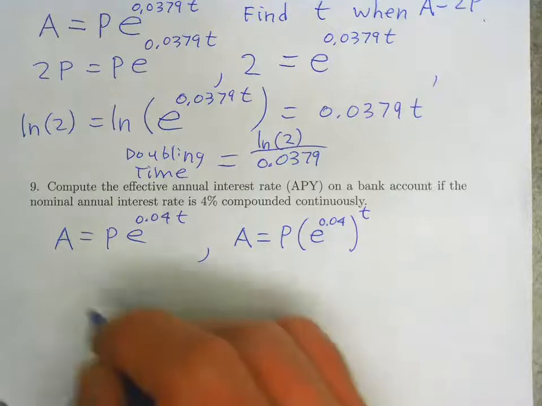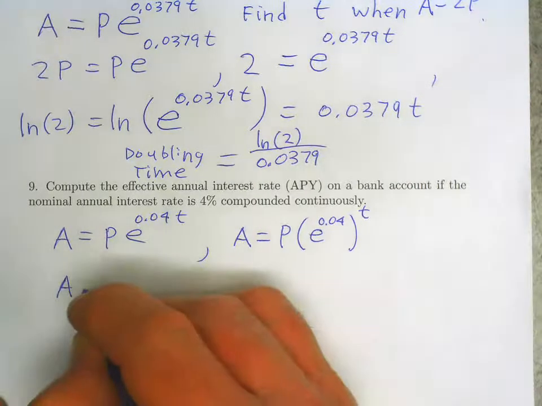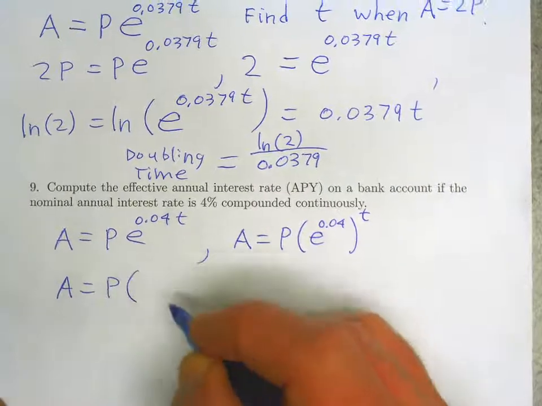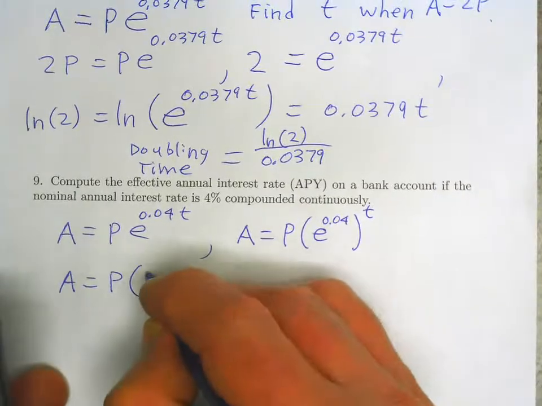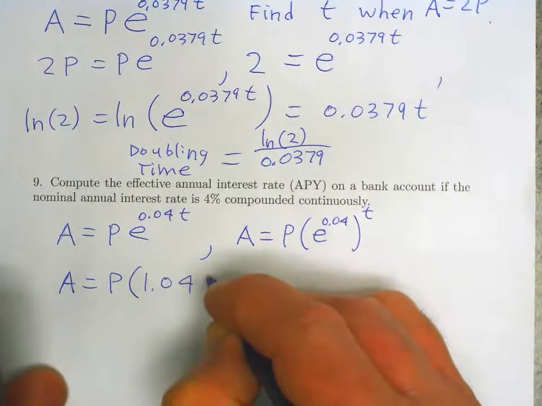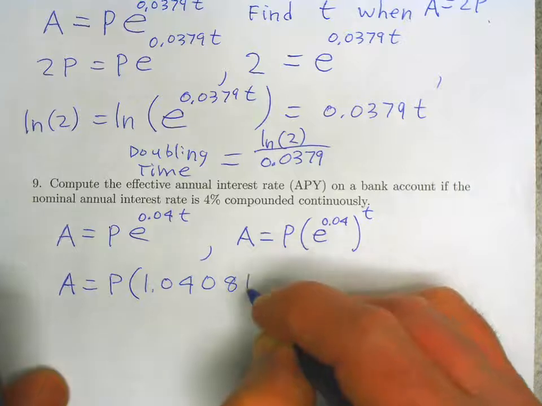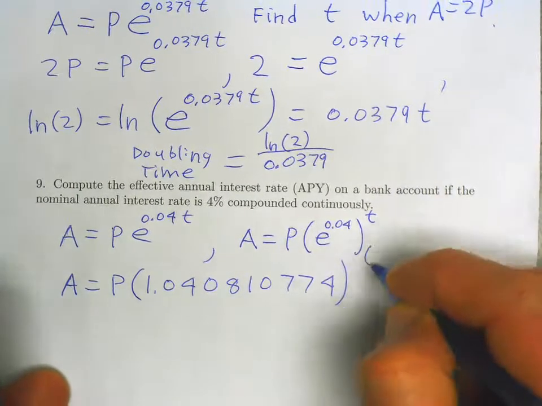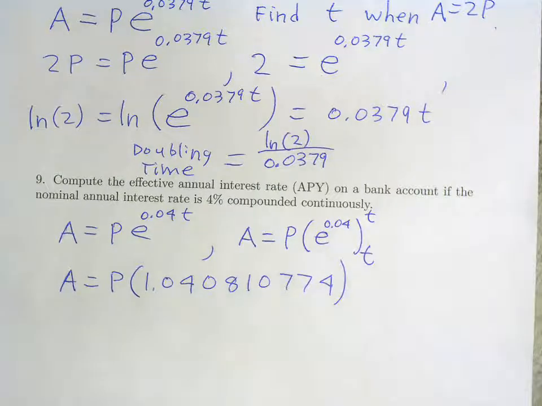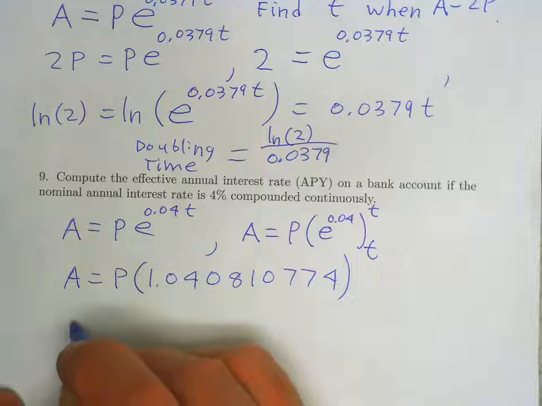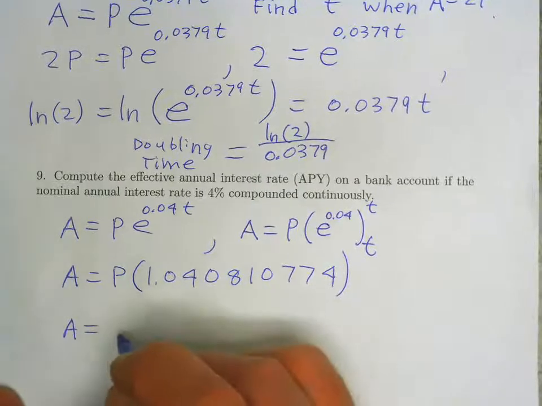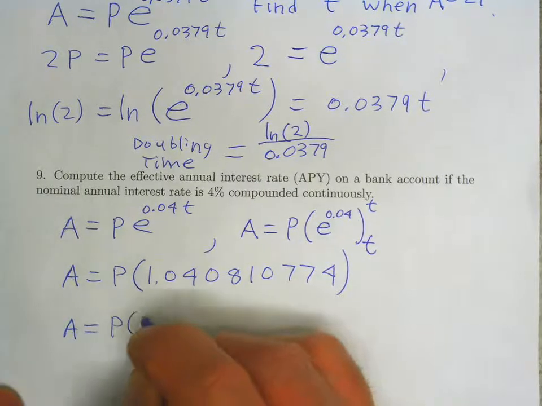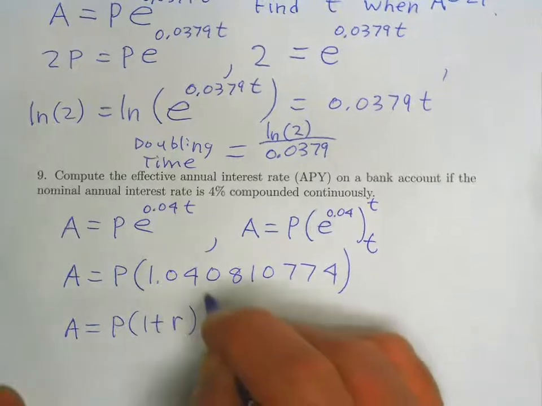Okay, so I get A equals P times 1.040810774 raised to the exponent t. So remember the interest formula, if you compound it once a year, it's A equals P times 1 plus r to the t.